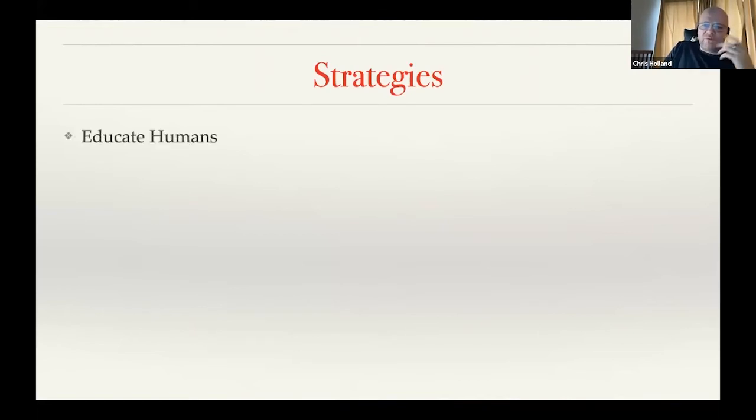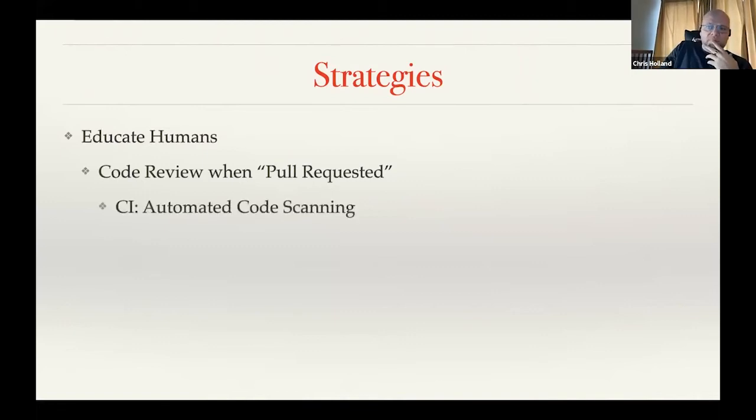So one of the first things we want to do is to educate humans. When we do that, we're going to discuss a little bit about code reviews and what happens when things are pull requested. The next step is to look at our CI pipeline, and look at different tools for automated code scanning.